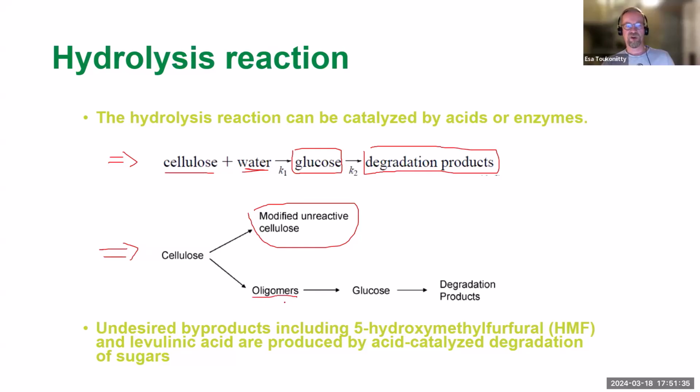Once these are broken to monomers, you end up with the desired glucose, and then the lower part is very similar to this upper simplified reaction, but it's mentioned that you might get some unreactive cellulose components, which cannot be converted any further and might remain as a solid material, while this part is already water soluble.